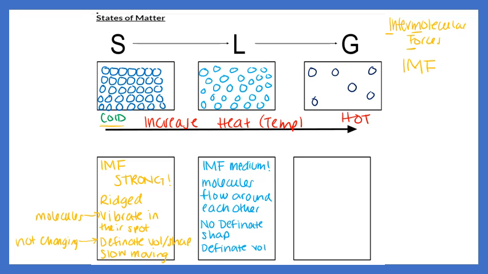Okay, so if I have a milliliter of water in a cup and I pour it into a bowl, I still have a milliliter of water. Is it going to take a different shape? Yes. Is it the same volume? Yes. So no definite shape means that it will take the shape of its container, okay?